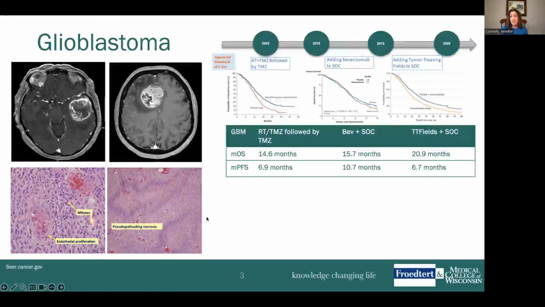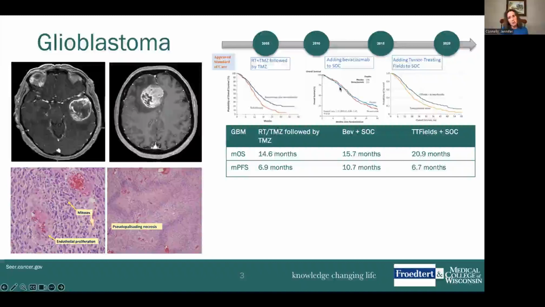When we think about standard of care for glioblastoma, there's been a few advances in the past couple of decades. It really started in 2005 with what we call the STOOP protocol, which is the radiation with temozolomide followed by maintenance temozolomide. Several years later, we were introduced to bevacizumab, and we were all very excited about how it melted away tumors on the MRI.